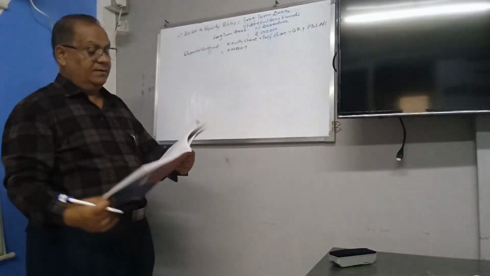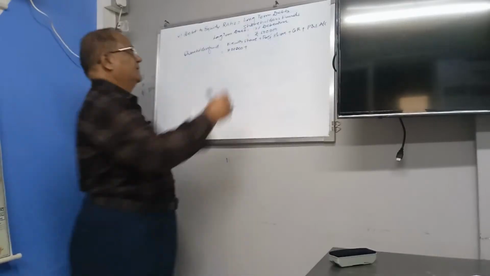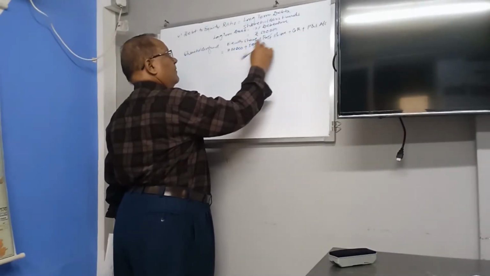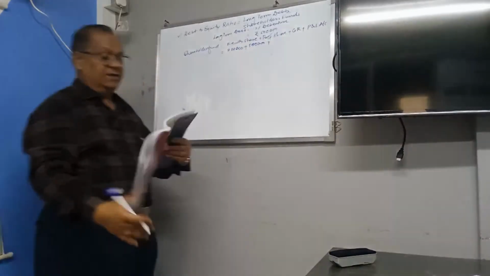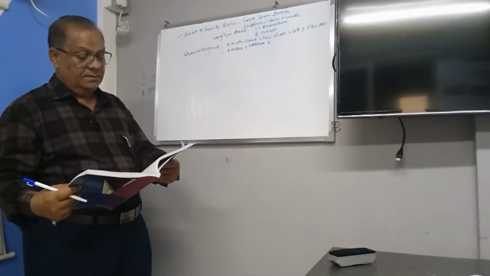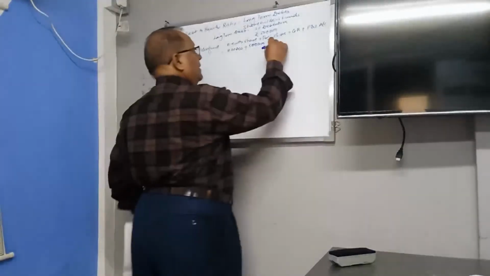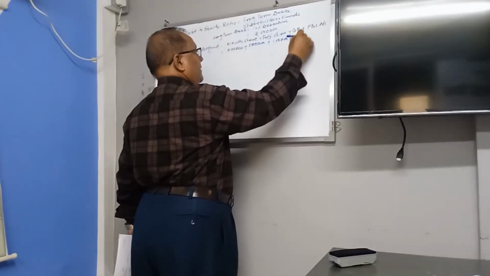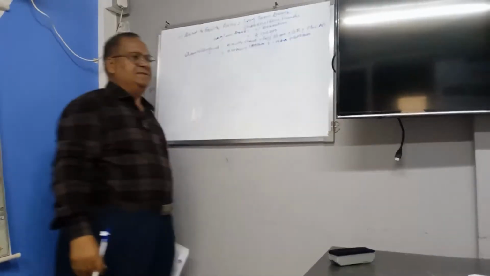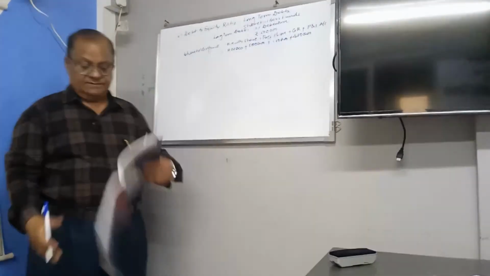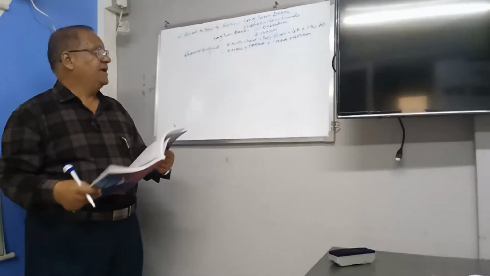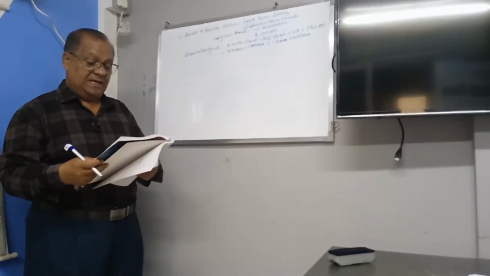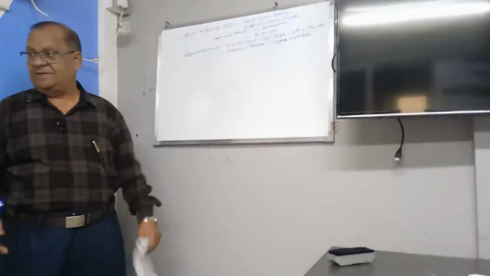Preference shares given in this problem is 5 lakh, plus general reserve 1 lakh, and profit and loss account is given to you as 4 lakh. So this is the shareholders fund. How much will you get? 10 lakh plus 5 lakh plus 1 lakh plus 4 lakh, you get 20 lakhs.